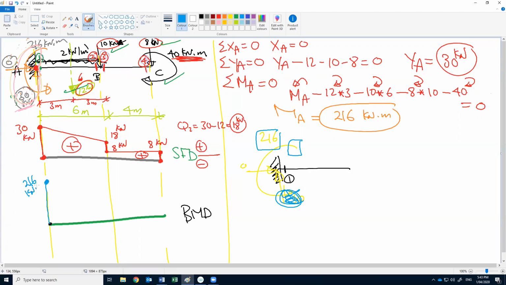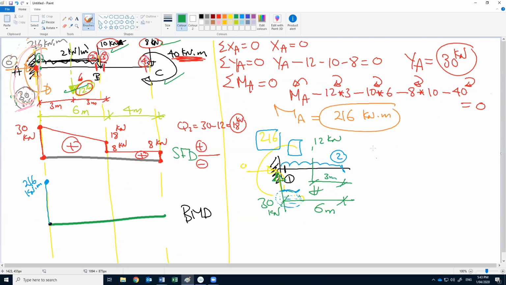Okay, at section 2, we have this force 12 kilonewton. If we are at 2, this force will have moment now because it has distance. This force 30 kilonewton has a distance of 6 meter, and this distance is 3 meter.